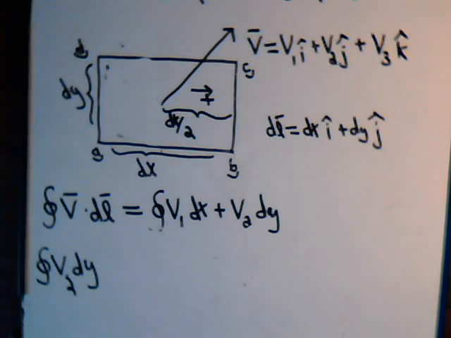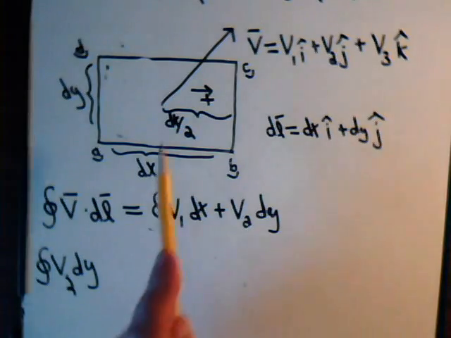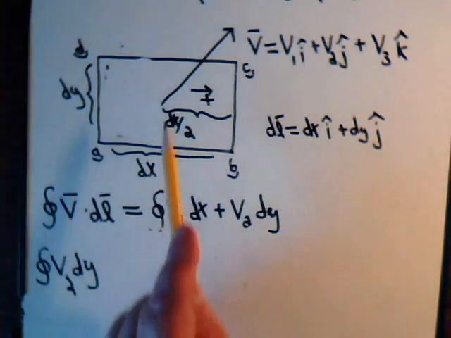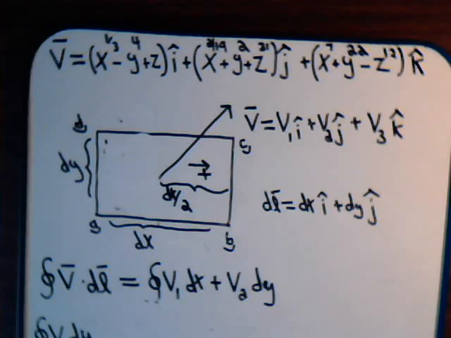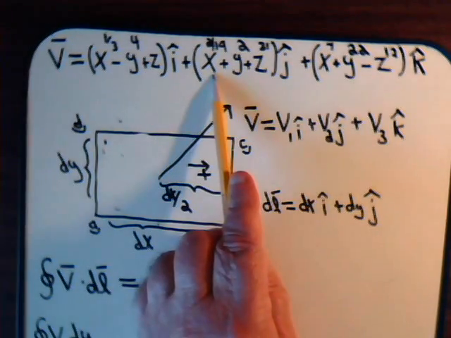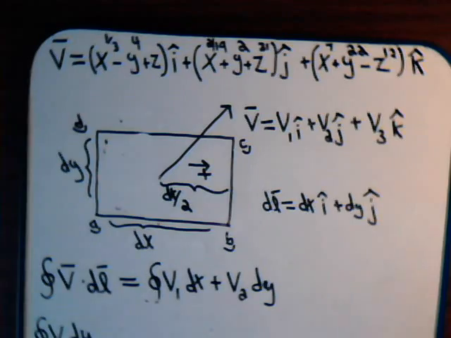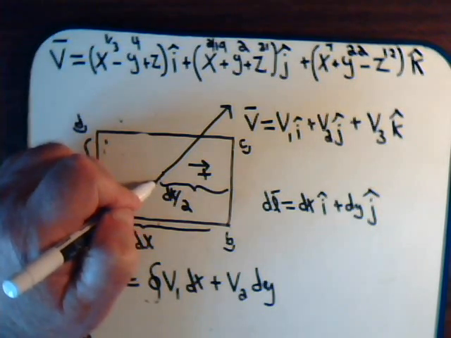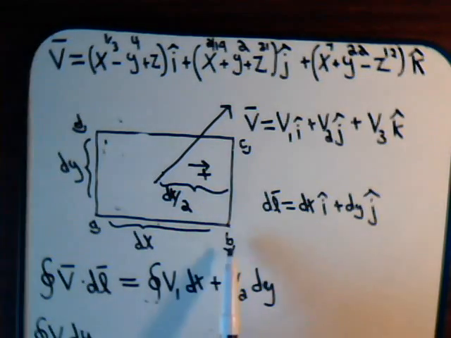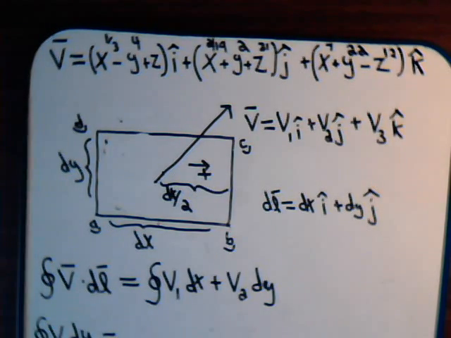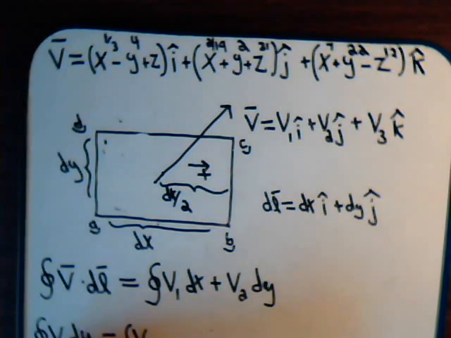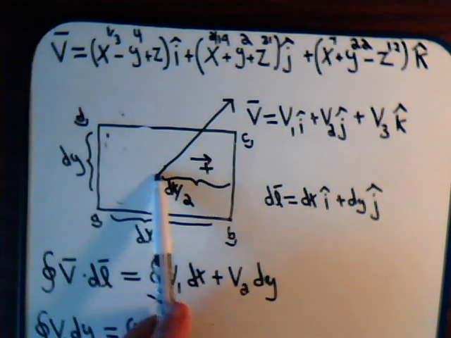So that means now that the v2 component, that's what we're concerned with now, is going to change when we go from here to here, because the v2 component depends on the variable x, and we just changed that. So the new expression for v2, when this gets moved over to this infinitesimal path, will be equal to what it was originally when it was over here, plus the amount of change.